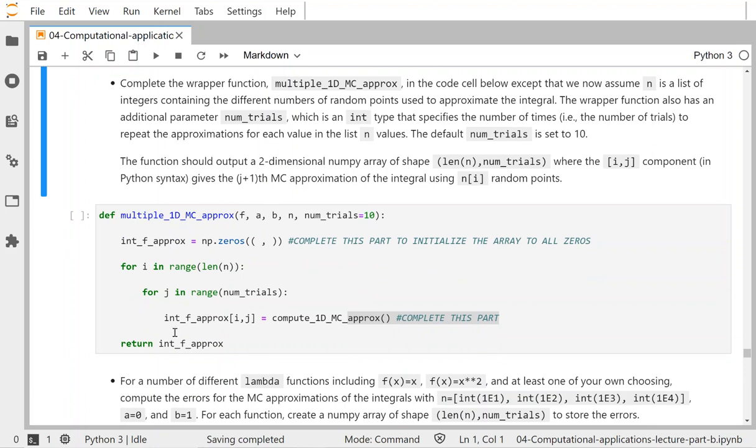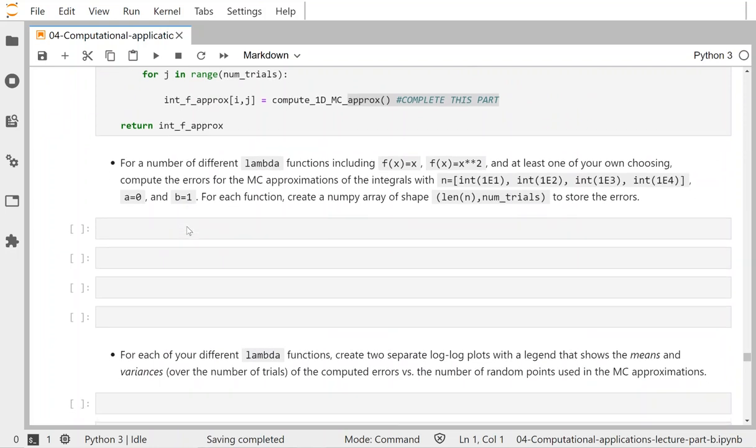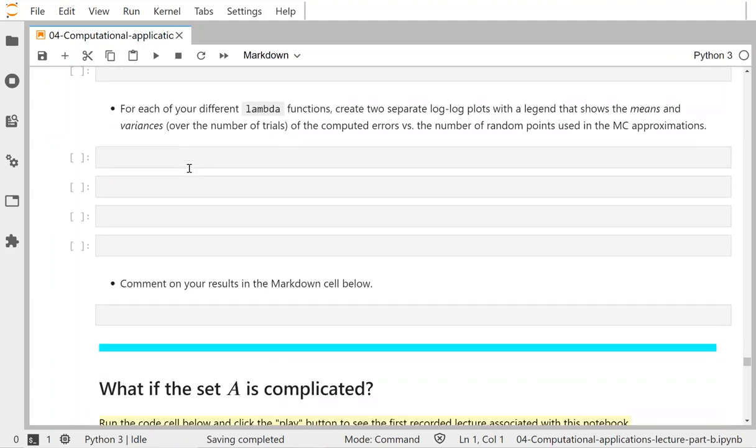You'll notice this is basically the same level of complexity as the wrapper function I asked you to complete in the activity involving the rectangle rules. So if you're looking at all these videos first, you might want to do this activity first. You might find it easier because I did give this structure here, as opposed to the first activity. And then I want you to do things that are very similar to the first activity, but I spell out the differences as they matter here.